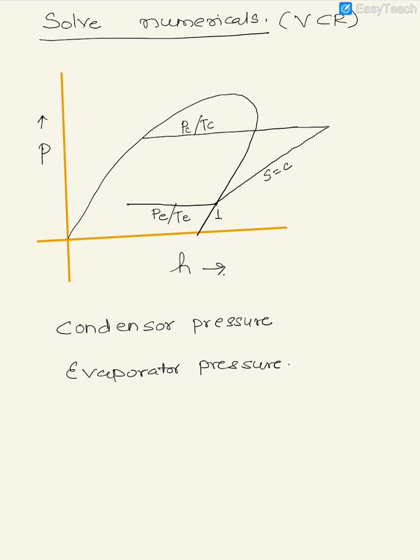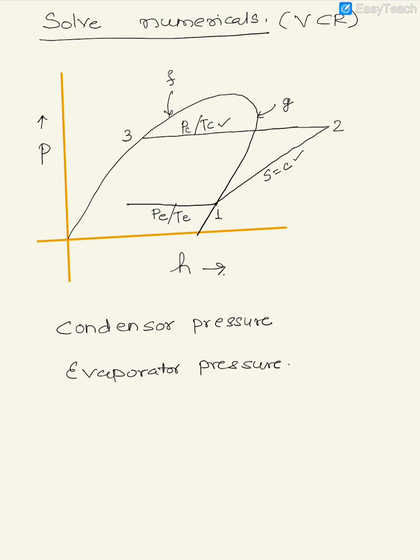The intersection of the condenser pressure line with the constant entropy line is 2. In a simple saturation cycle, the process ends on the saturation curve, so this would be 3. This is called the F line, and this is called the G line.